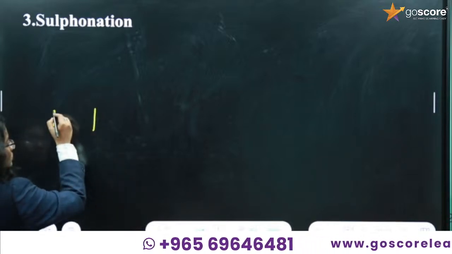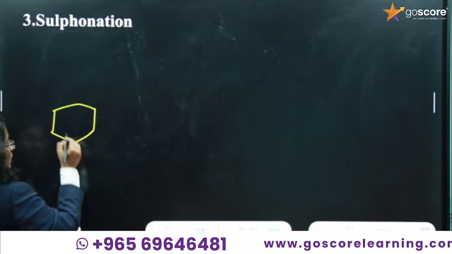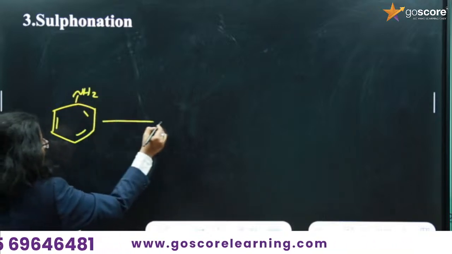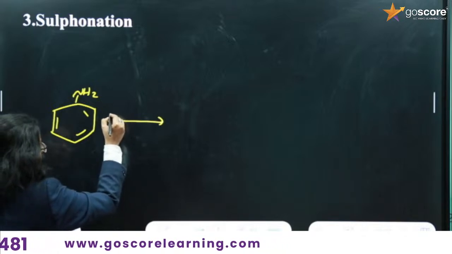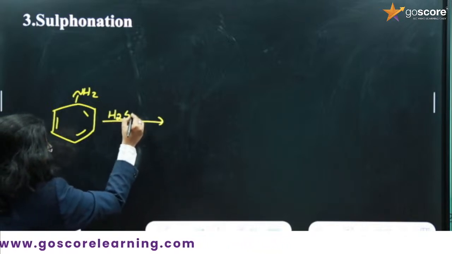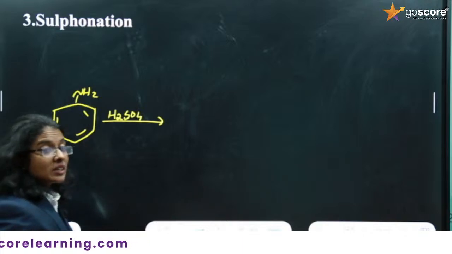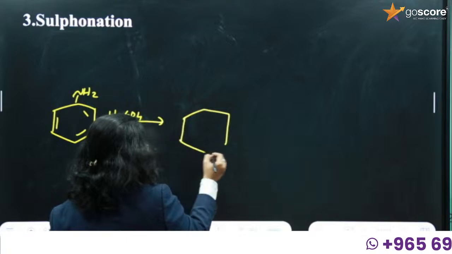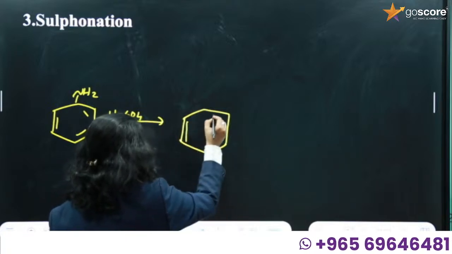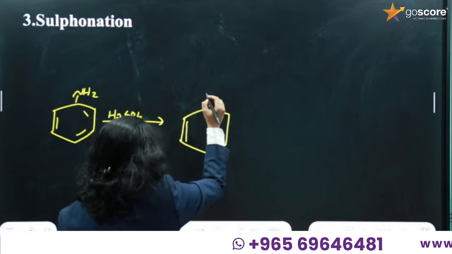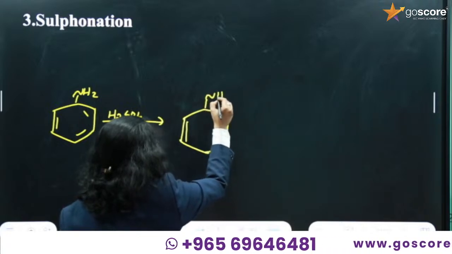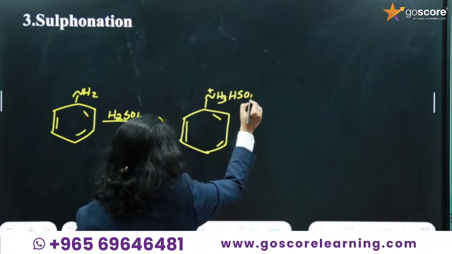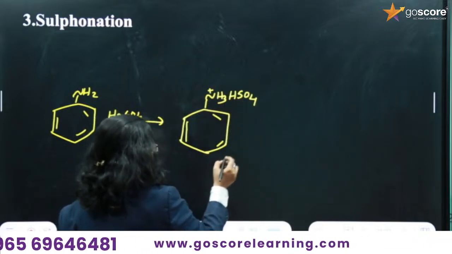Next one is sulfonation. Aniline on reacting with sulfuric acid, you will get anilinium hydrogen sulfate. That is, sulfuric acid is a strong acid, it will react to form NH3 HSO4.